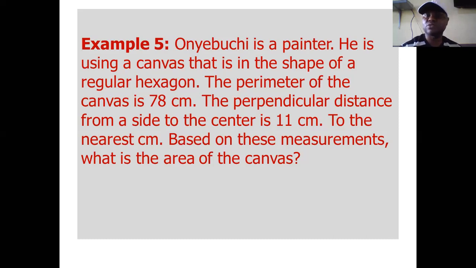Let us analyze this question. Onyebuchi is using a regular hexagon. Now, the regular hexagon has 6 equal sides. So if the perimeter of the canvas, which is a regular hexagon, is 78 centimeters, how do we get the length of a side?